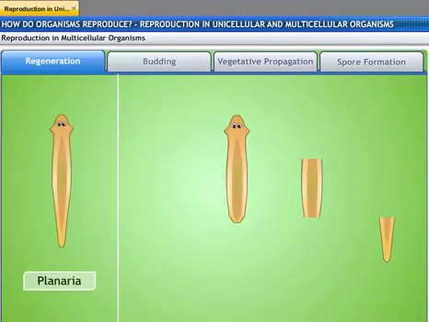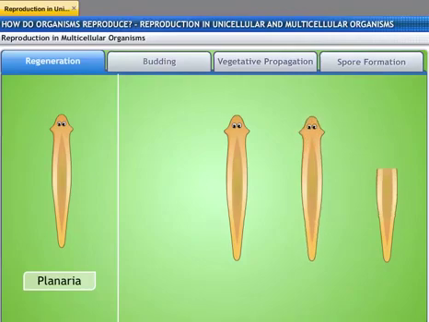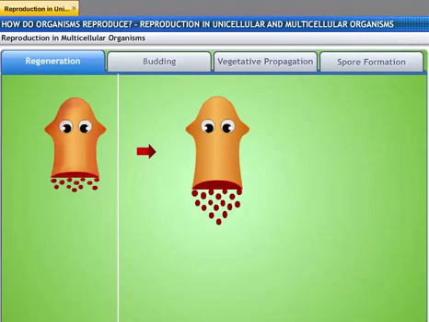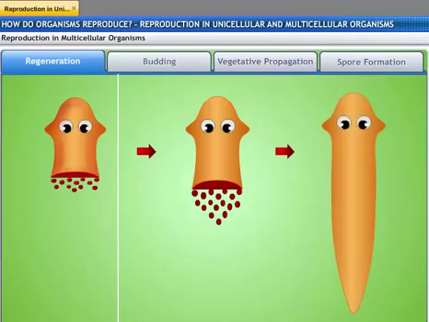Remember I was telling you that multicellular organisms have specialized cells for reproduction? Yes, that's right. So specialized cells are involved in regeneration. Exactly. These cells proliferate into a large number of cells. From this mass of cells, different cells undergo changes to become various cell types and tissues.